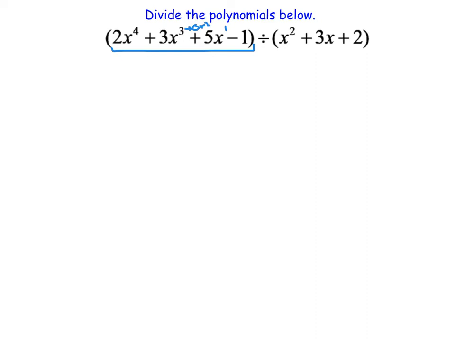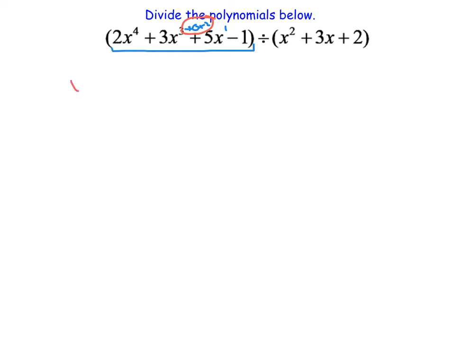Because at some point we're going to need to be able to deal with the fact that there's an x squared term that's going to pop up somewhere. So, as we write this out into our polynomial long division, I'm going to add in any things that are missing. Any exponents between the highest and the lowest that are missing, I'm going to add in with a 0 as their coefficient.